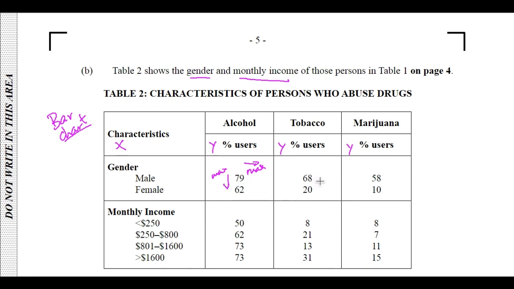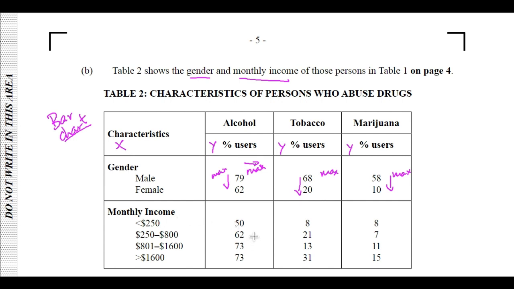Again, the max going down when you compare. But across the board for males, alcohol is the highest percentage. For females, it's also the maximum across the board, right? In terms of drugs that are being used.